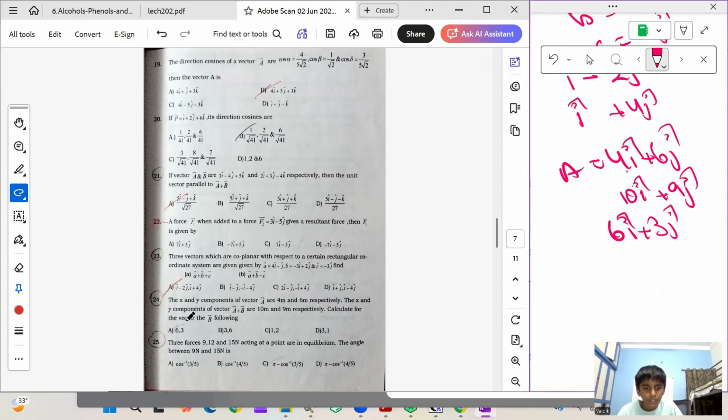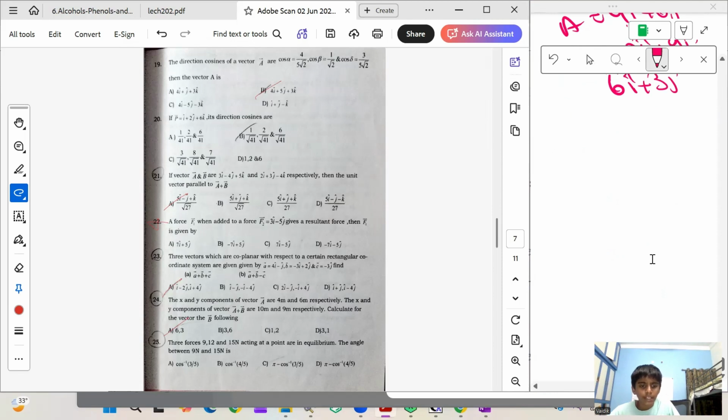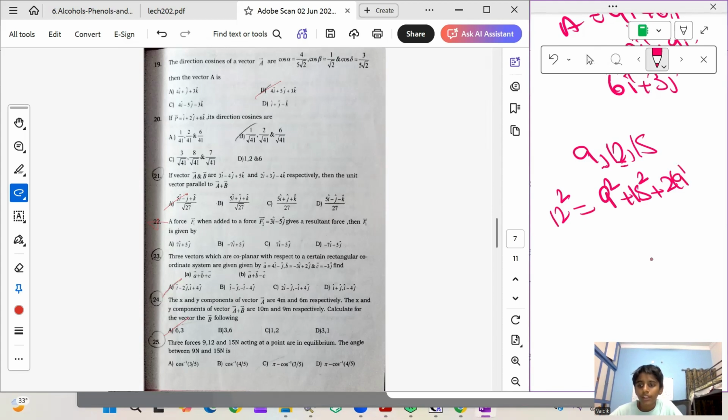So option A. 25. Three forces 9, 12 and 15 are acting at a point at equilibrium. 9, 12 and 15, these sides could form a right angle triangle. So for the angle between 9 and 12, we can take 12 square equals 9 square plus 15 square plus 2 into 9 into 15 into cos theta. 144 equals 81 plus 225, 306, plus 18 into 15, 270 cos theta.